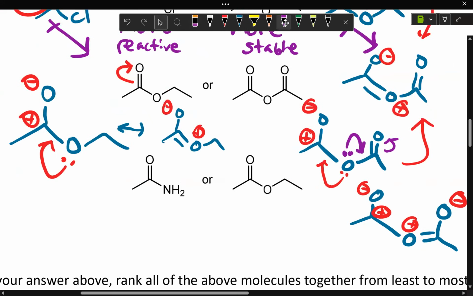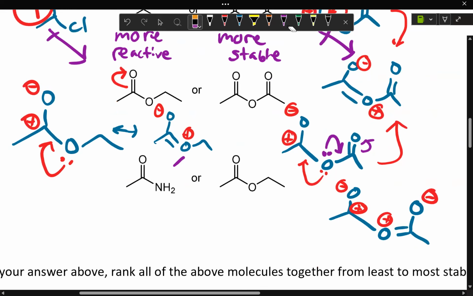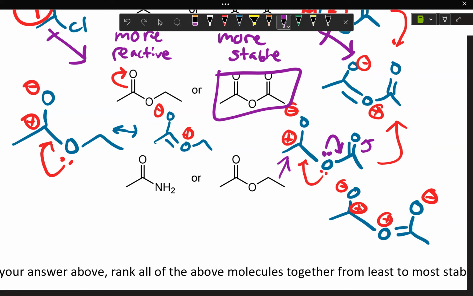In the ester case, this oxygen is only going to do resonance with the left side because there's nothing on the right side. We only want the ether or center oxygen to do resonance on the left side and never on the right side. And that is why the ester is more stable and the anhydride is more reactive. This oxygen will do resonance on both sides, even though we only want it to do it on the left, where this oxygen is only going to do resonance on the left side like we want.